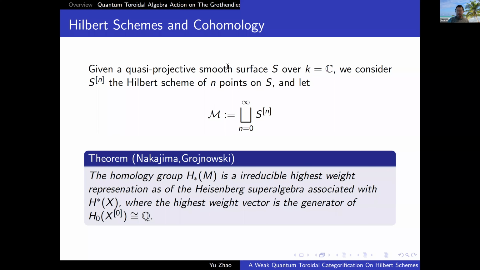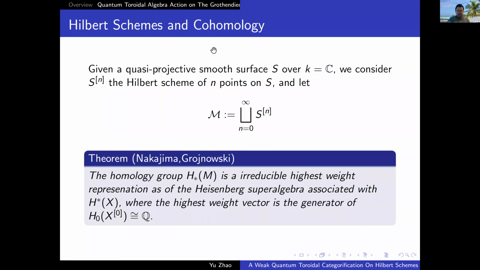And I think for representation theory, they would care more about the case that the surface is A2 or some quiver resolution of type ADE singularities. And here we consider the Hilbert scheme of n points on the surface S, and we consider the union as the moduli space.